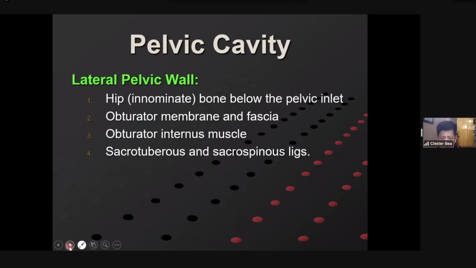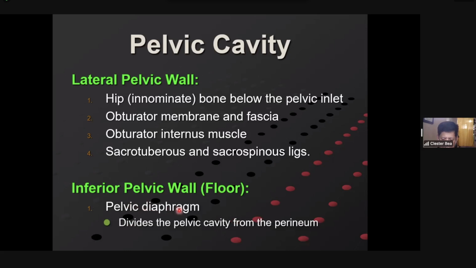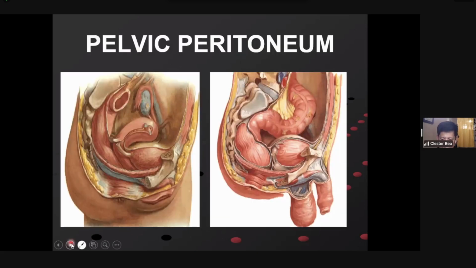The lateral wall has the obturator internus muscle, the obturator internus fascia and membrane, the sacrotuberous and sacrospinous ligaments, and the hip bone. And on the inferior, the all-important pelvic diaphragm, separating the pelvic cavity from the perineum.